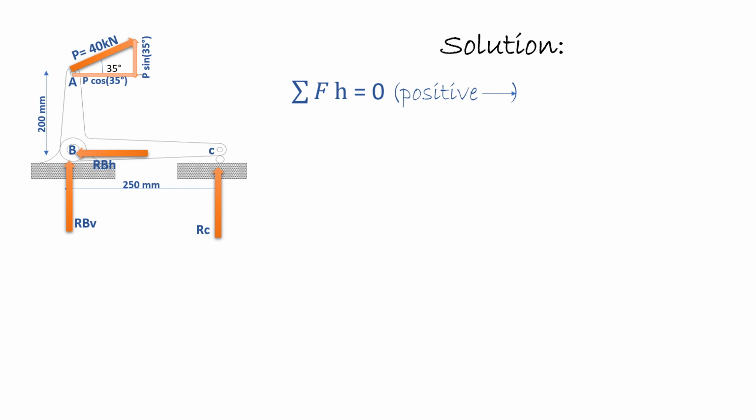We take positive to the right, so P cos 35 minus RBH is equal to 0. We only have two forces in our horizontal: P cos 35, positive since it's going to the right, and minus RBH since we assume that it's going to the left. So RBH is equal to P cos 35.